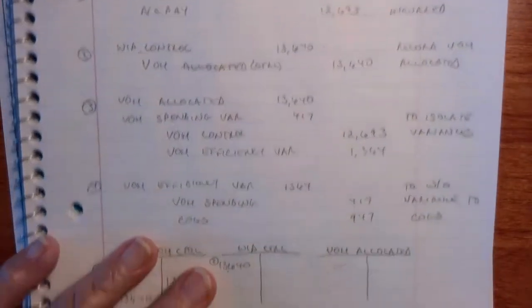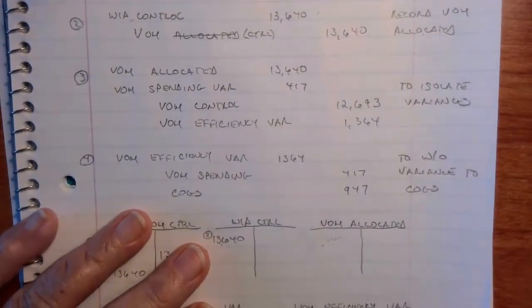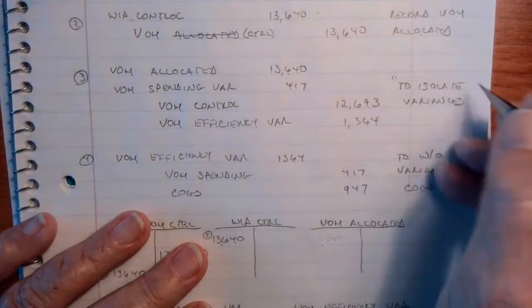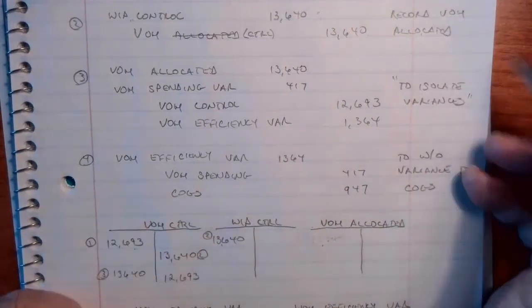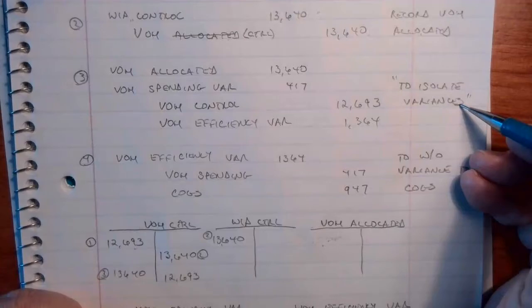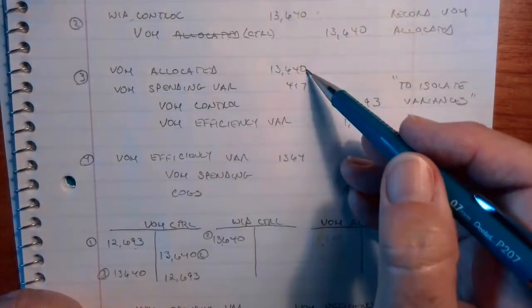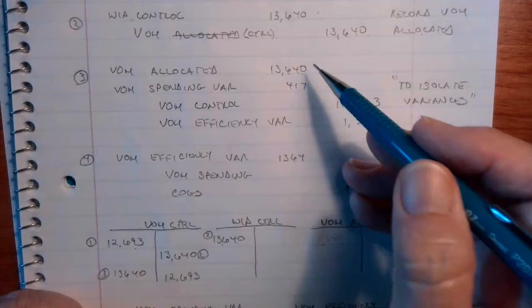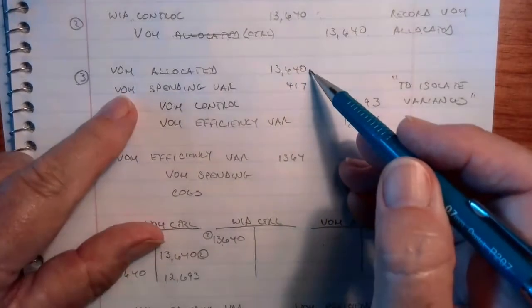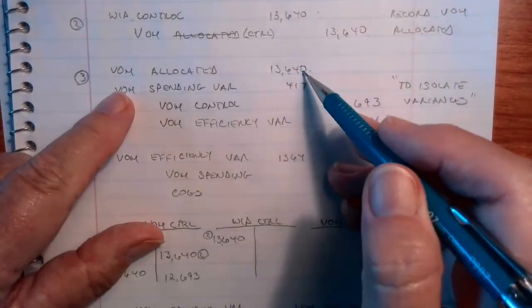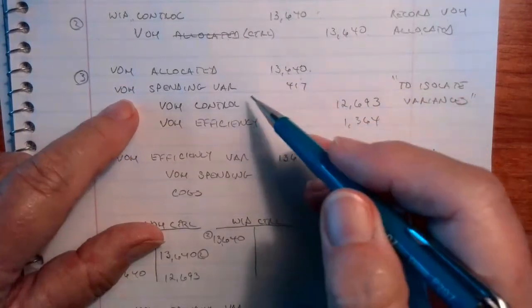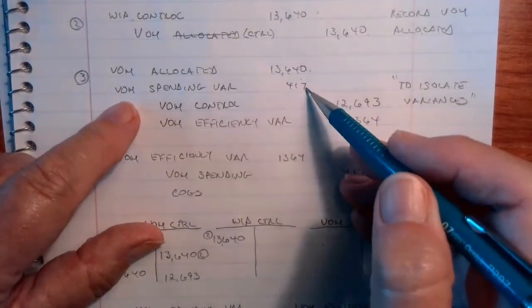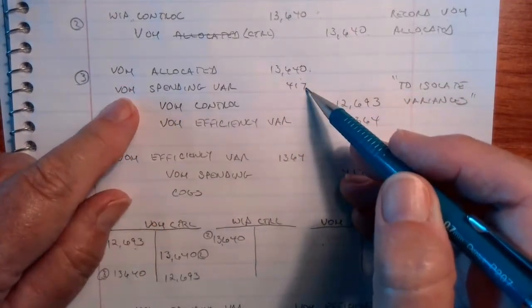Okay, now the next one is the mystery entry. And this is supposedly right out of the text, out of the answer key. They say to isolate variances. So we debit this variable overhead again, bring the 13,640 back in. Record the spending variance of 1470 or 1417.